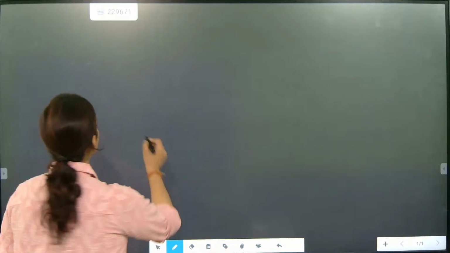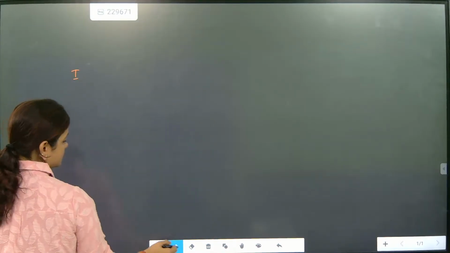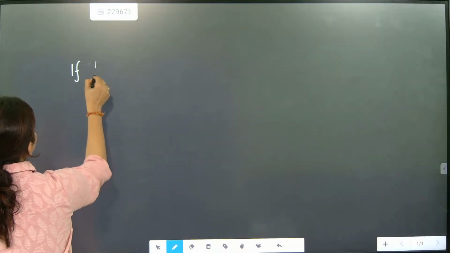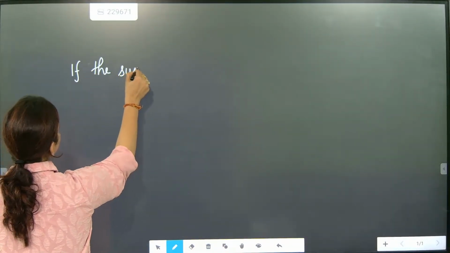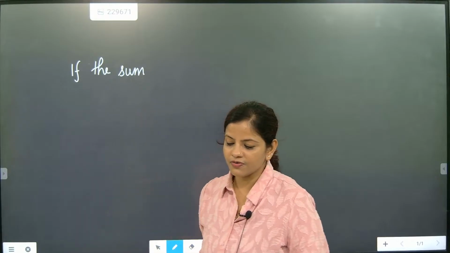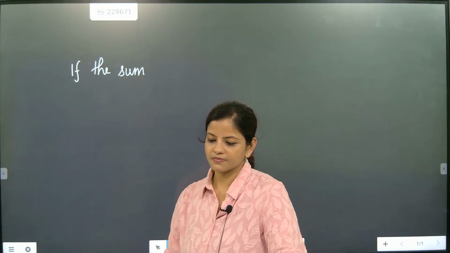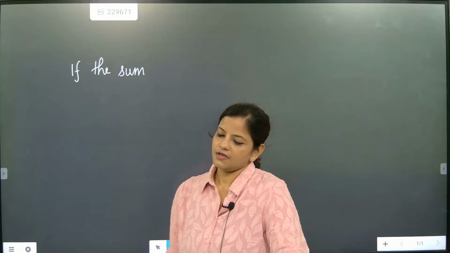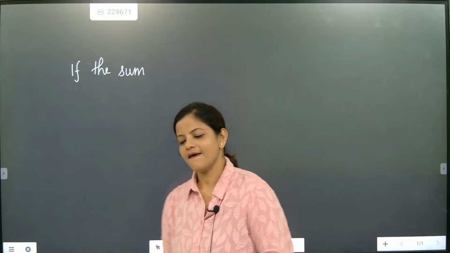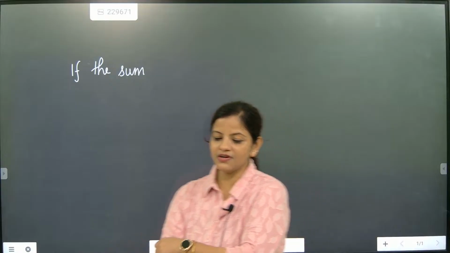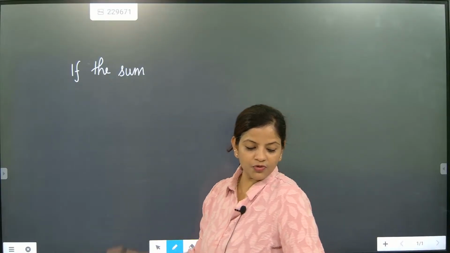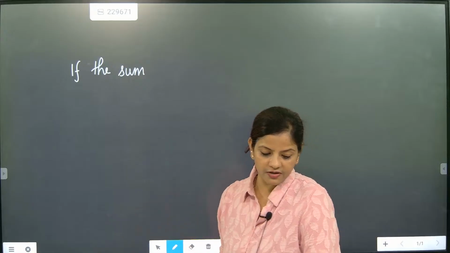If the sum of two unit vectors is a unit vector, write down please everyone.